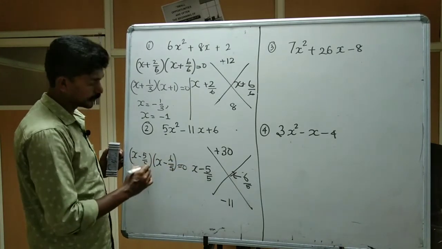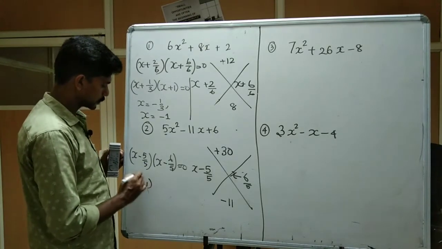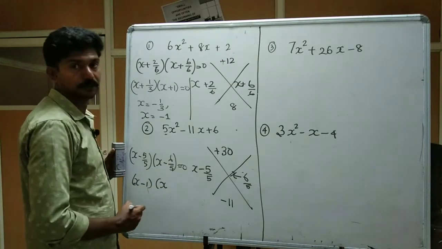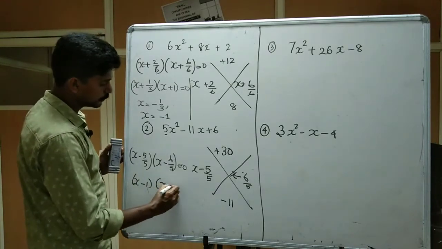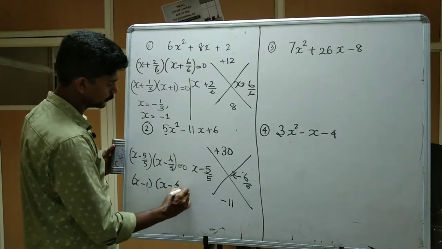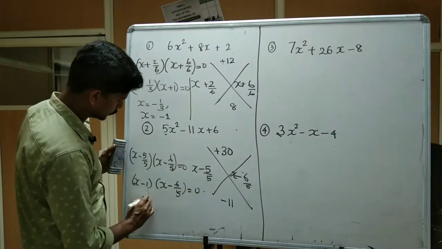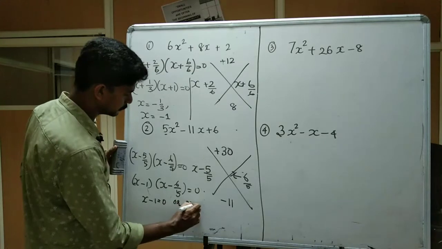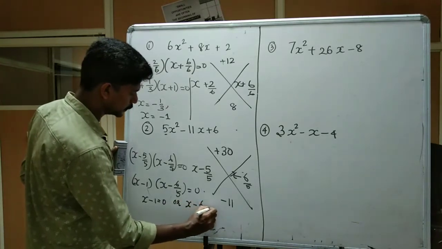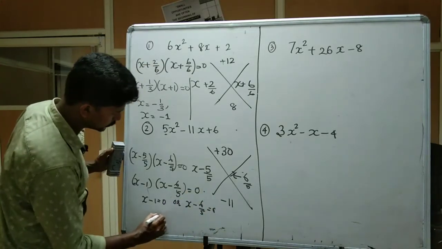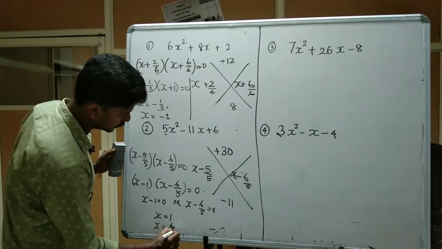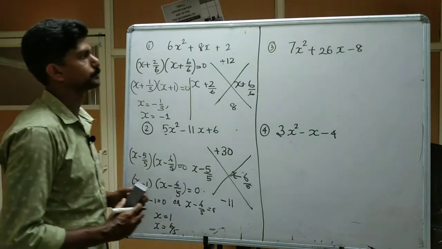So 5 by 5 is 1, and we get x minus 1 is equal to 0 or x minus 6 by 5 is equal to 0. So the values of x are 1 or 6 by 5.